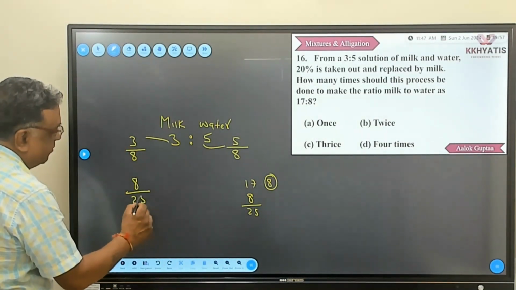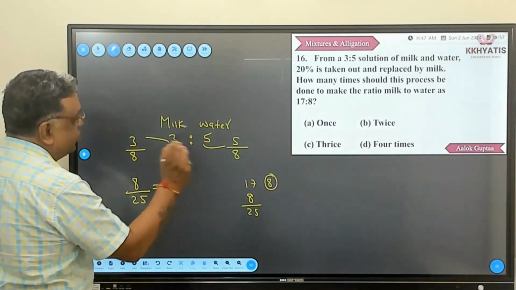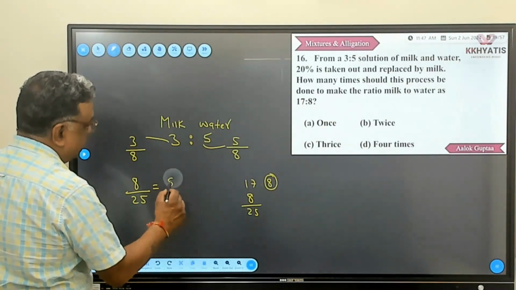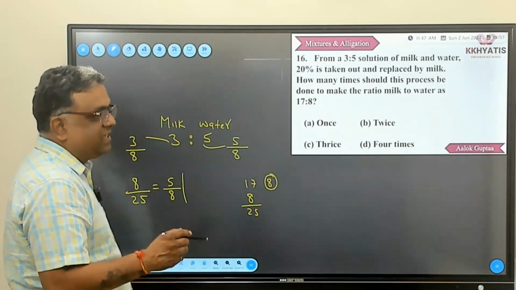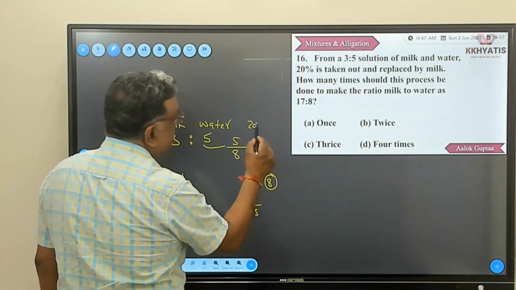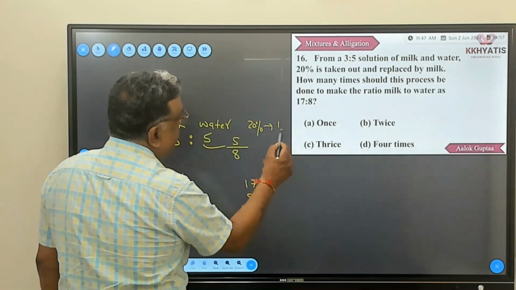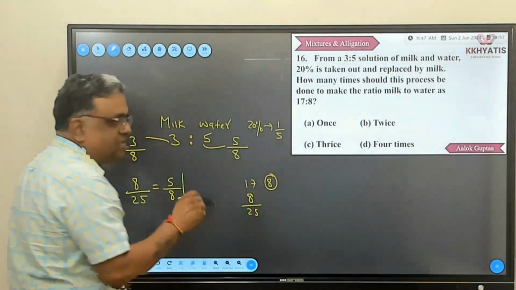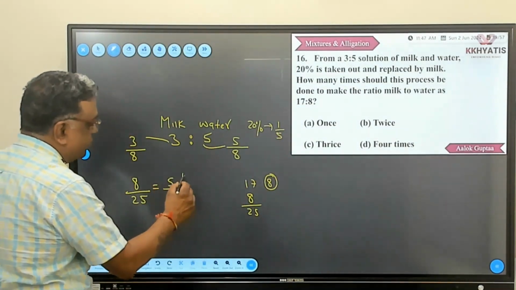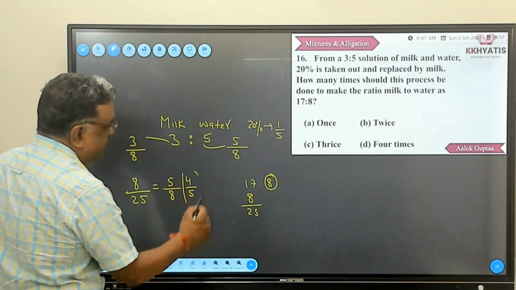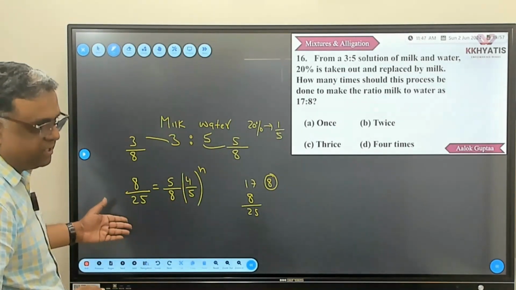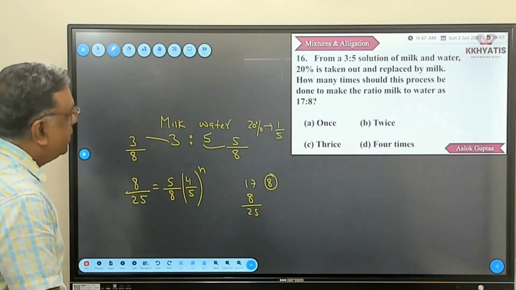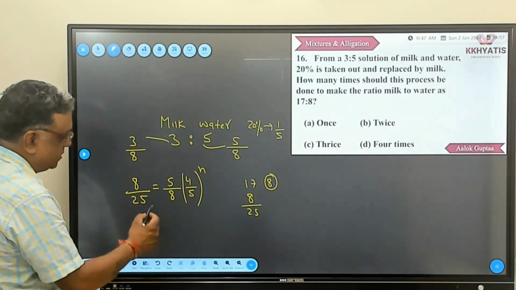The final quantity of water is the initial quantity of water into, 20% is taken out. 20% in fraction is 1/5, so 1/5 is taken out. So what is left? 4/5. And how many times this process is repeated so that the final quantity is 8/25 is what we have been asked.